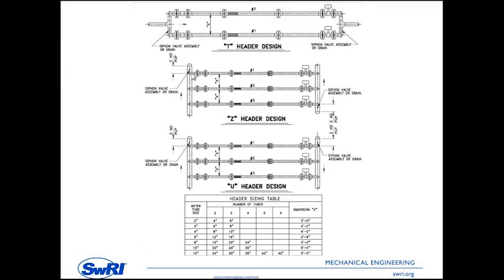Headers. We have different ways that we can do headers. We can build a T header, a Z header, or a U header. Back in the 80s, there was a study done that showed that the U header would give you the best balance across the station.